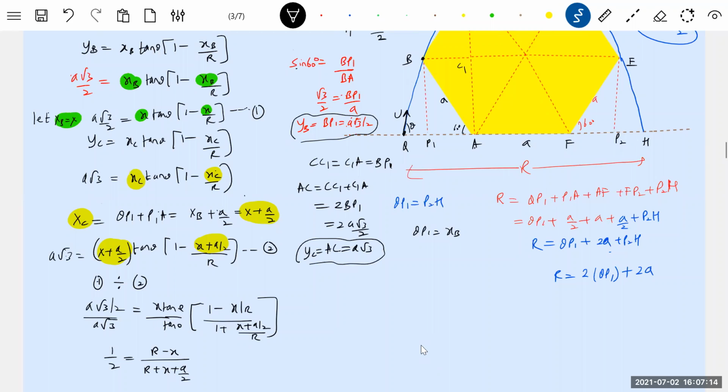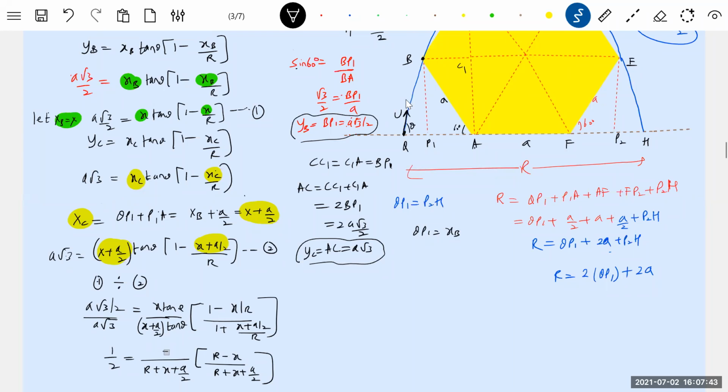Here one more, no? This will become R minus x by R plus x plus a by 2.